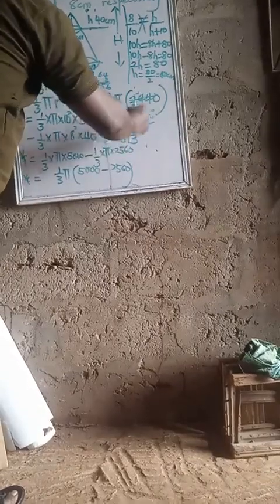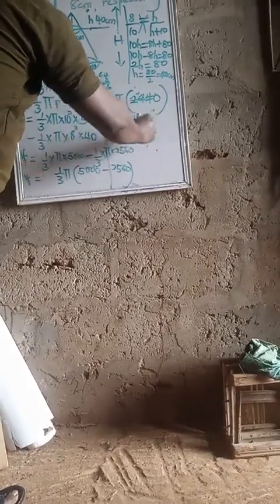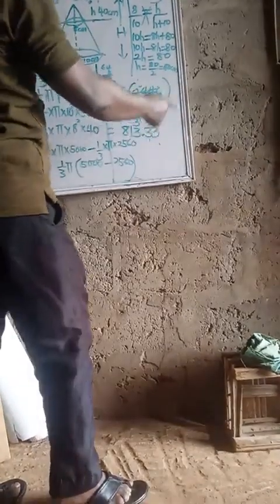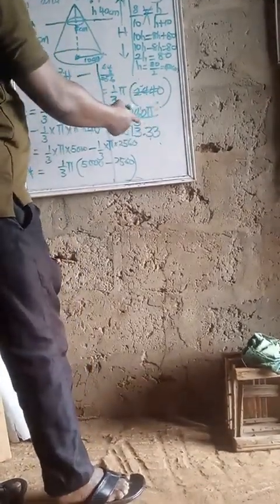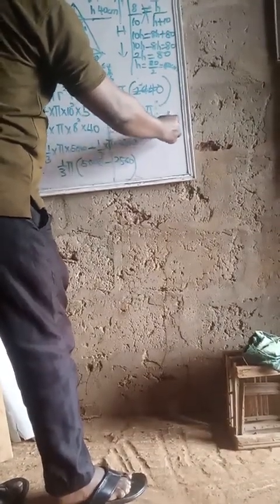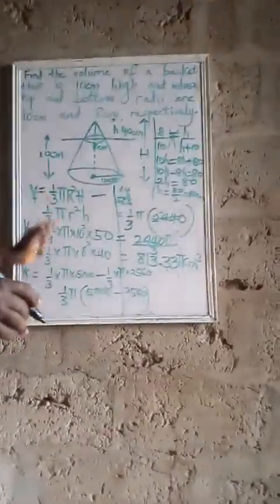Add 0 to 1, then put a decimal point here. 3 in 10, 3, 3, 3, 3. So these 3s recur. Then we leave our answer in 2 decimal places: 813.33 pi centimeter cube. And that is the volume of the frustum.